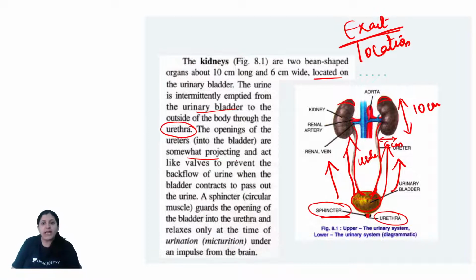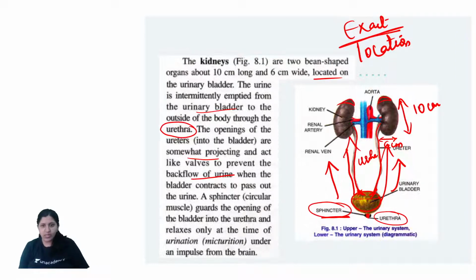Other than that, they act like valves to prevent the backflow of urine, for closing and opening. There are no actual regulatory valves, but the projecting ureter itself acts as a valve here.